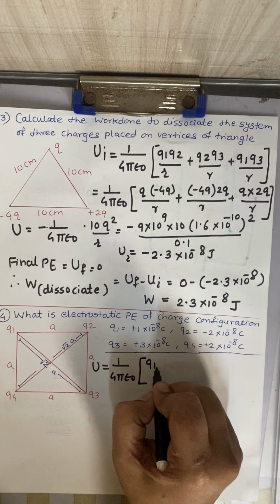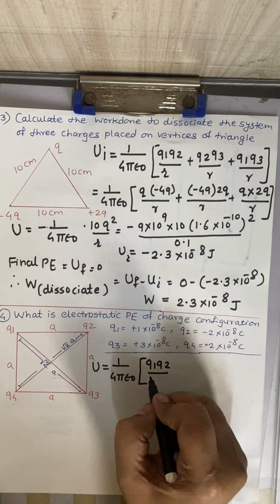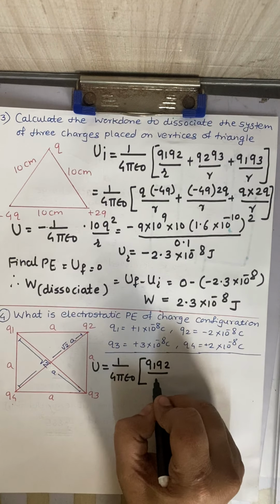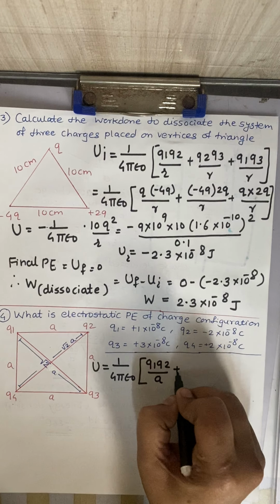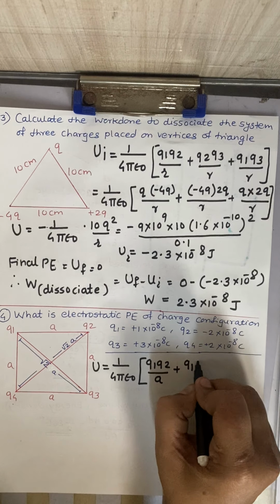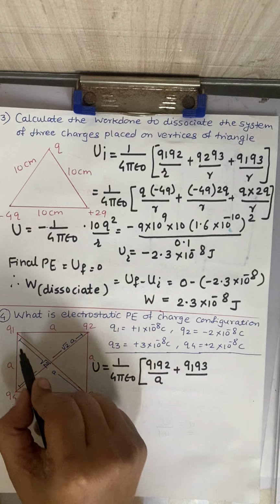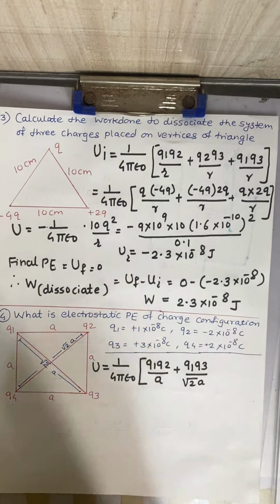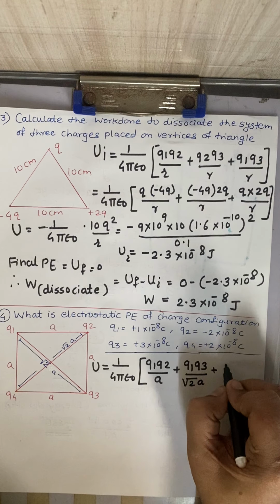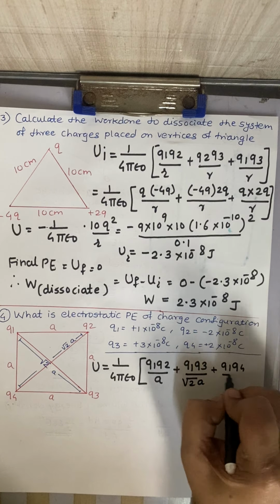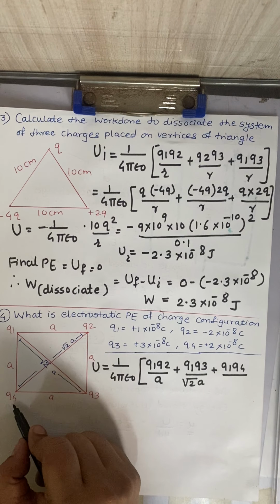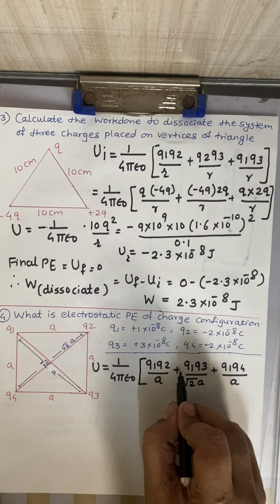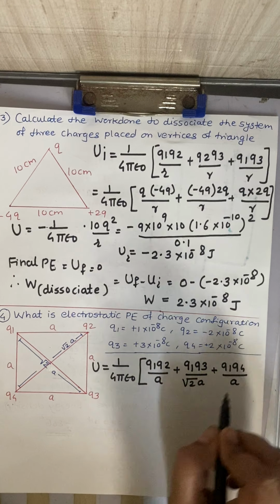So q1 q2 divided by a, since q1 and q2 are separated by the distance a, plus q1 q3 divided by root 2a, since q1 and q3 are separated by distance root 2a. Then q1 q4, which is again at a distance a. Now these three with respect to charge 1 are done.